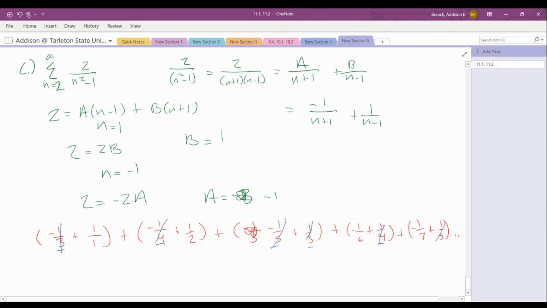And because the series will keep going on and on, we can assume that the negative 1/6 and negative 1/7 will get canceled out. Because of the way this works, everything will eventually get canceled out in your partial sums except for these two terms, 1 over 1 and 1/2. So we can add those together to get our final sum of 3/2.